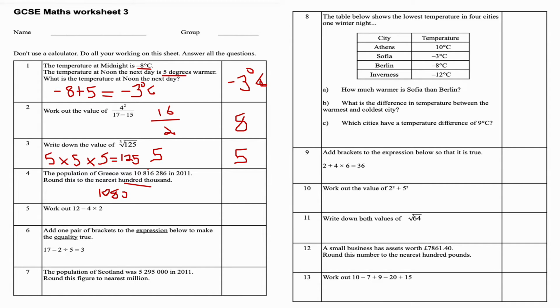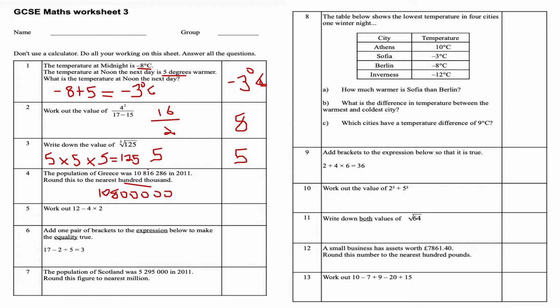Think of it as, is it closer to 900,000 or is it closer to 800,000? And you can clearly see that 16,286 is closer to 0 than it is to the nearest 100,000, if that makes sense.